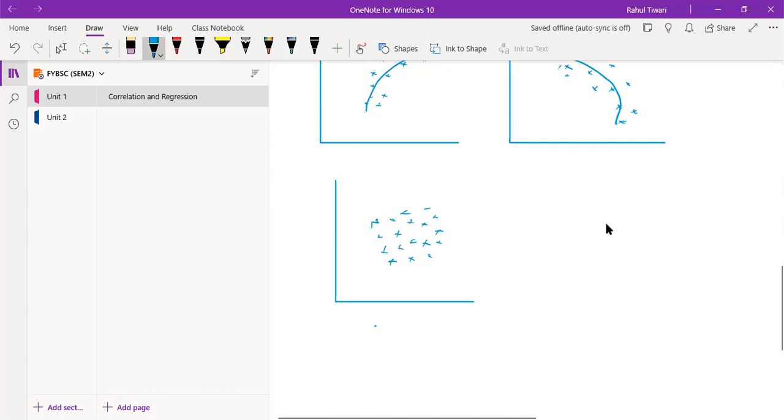Can you get any relation between the gold price and population? Population is increasing, that's why the gold price is increasing? You can't conclude on such data whether this relation exists or not. Such a relation is called a nonsense relation, and we call it no correlation.